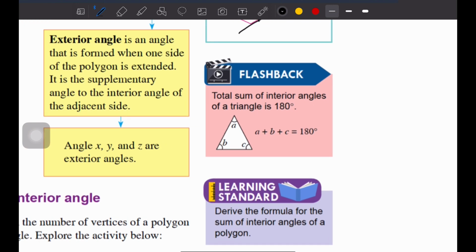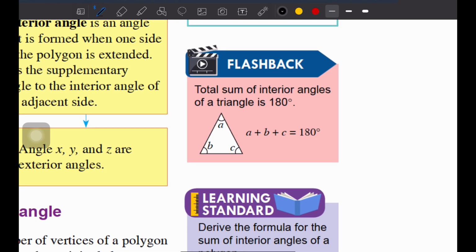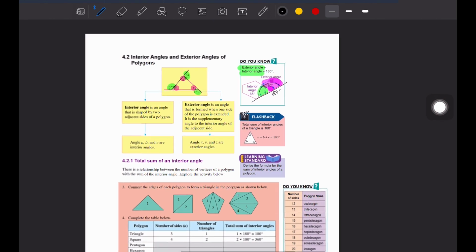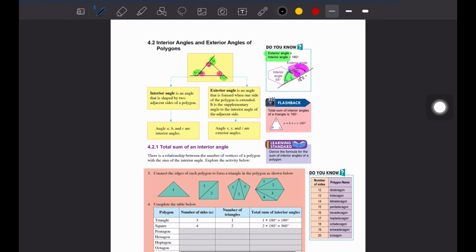Satu lagi, apa yang awak kena tahu? Total sum of interior angles of a triangle is 180. So we have 60, 60, 60 is 180.